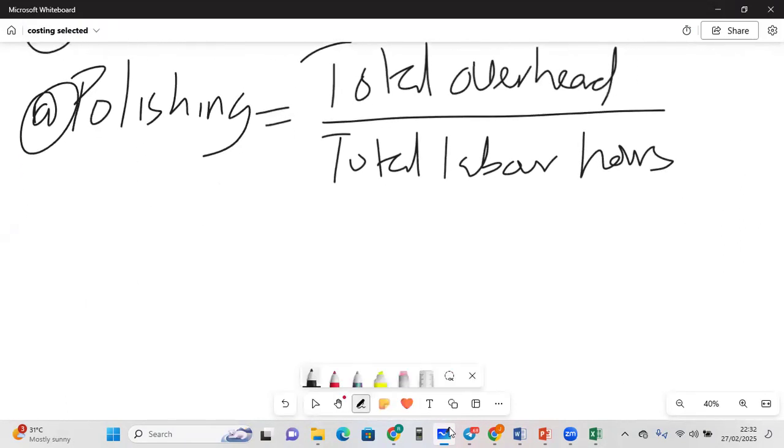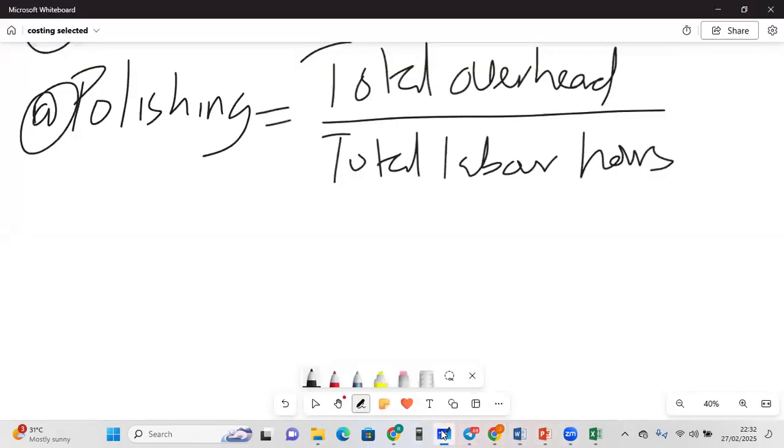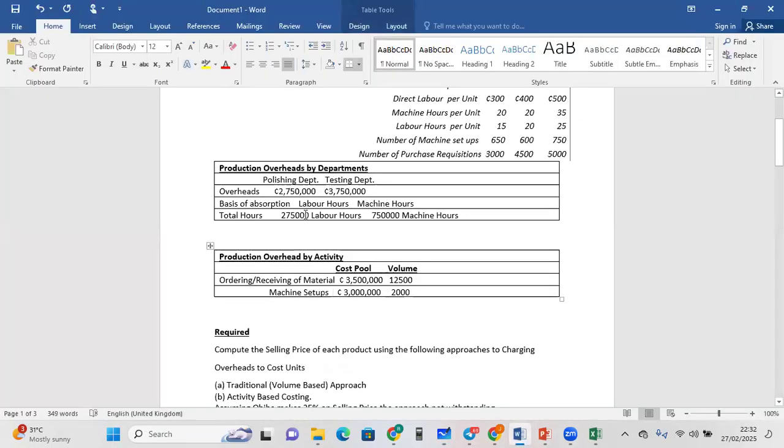So the budgeted overhead that was given here is 2,750,000, divided by the labor hours that was given here, 275,000.